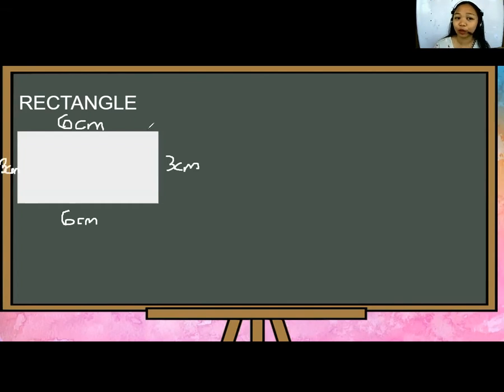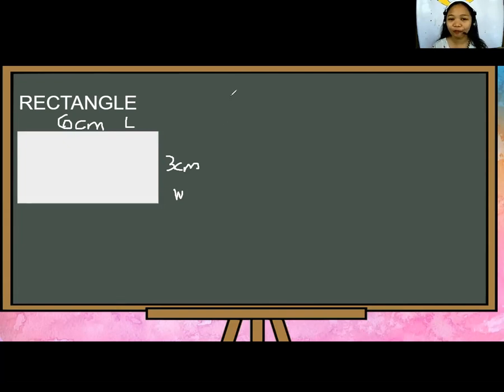And if this is 3 centimeters, this is also 3 centimeters. So this is called the length and this is called the width. For example, our length is equal to 6 centimeters and our width is equal to 3 centimeters.